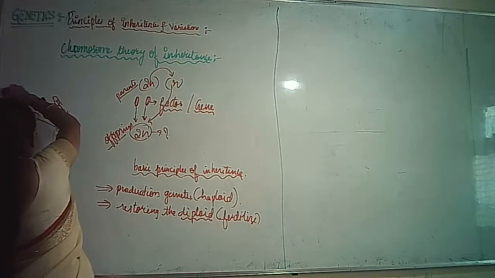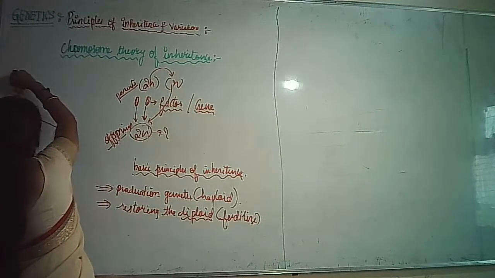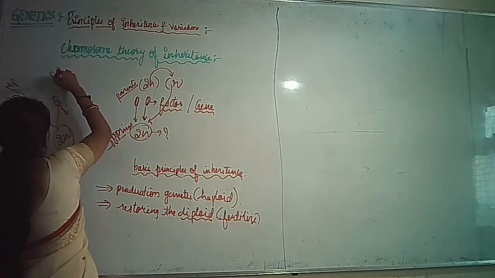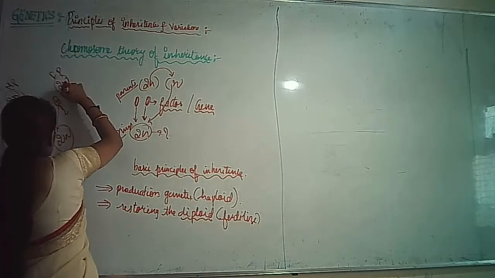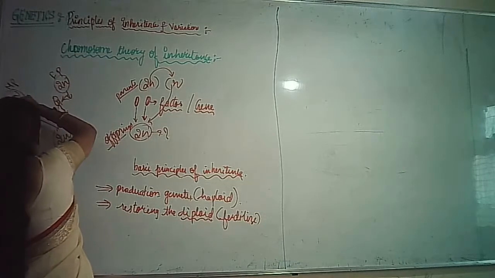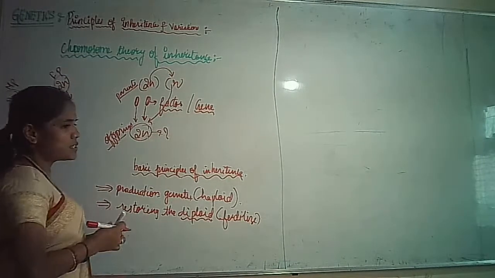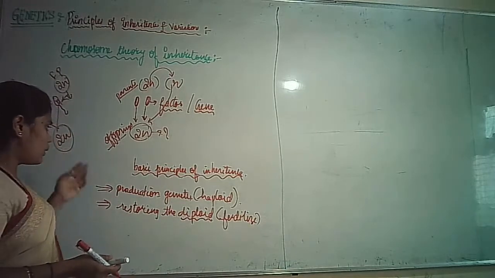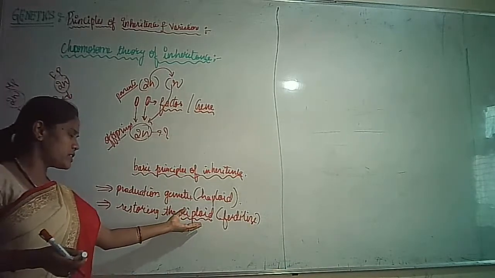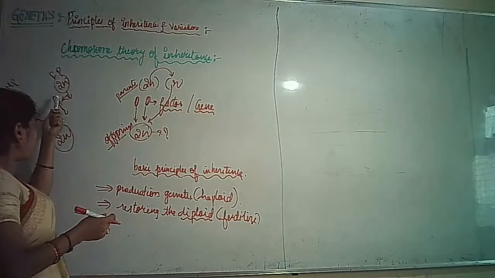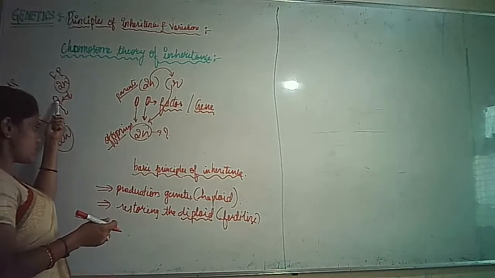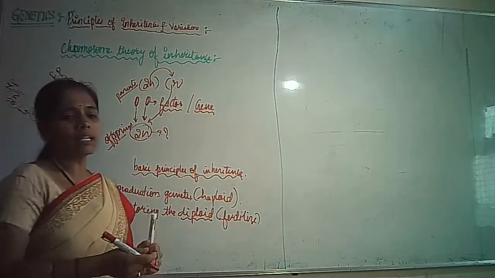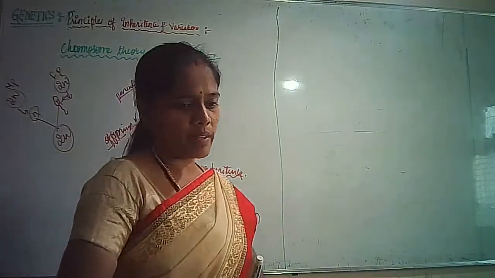The male parent is diploid and the female parent is also diploid, and the gametes produced are haploid. To restore the diploid condition, it forms haploid through meiosis, and then again fuses to form the diploid condition.